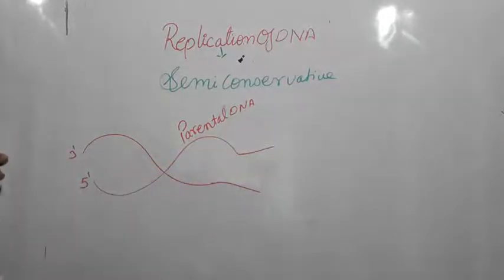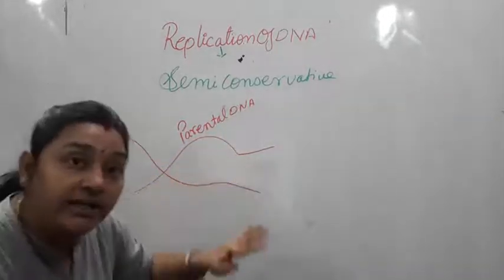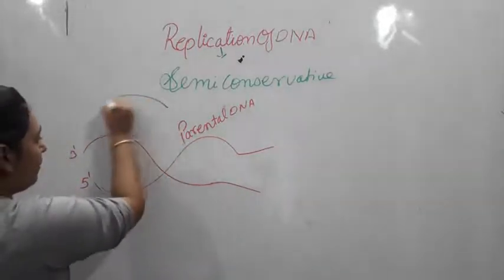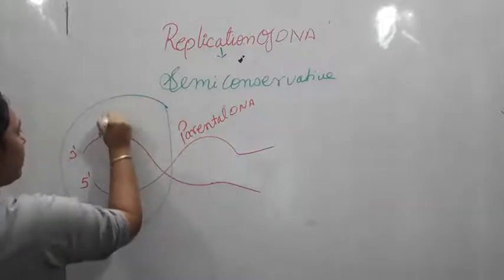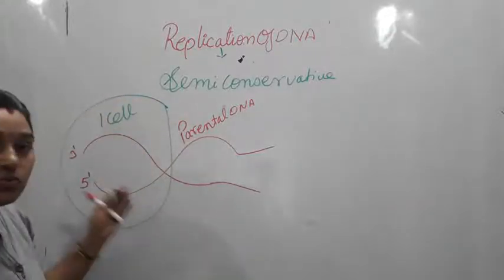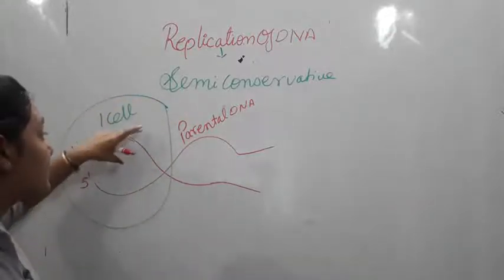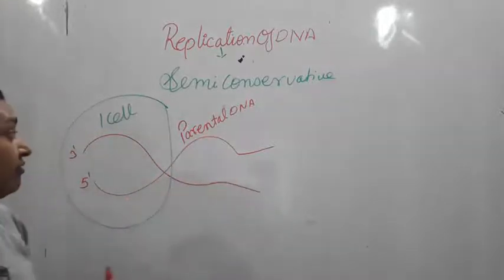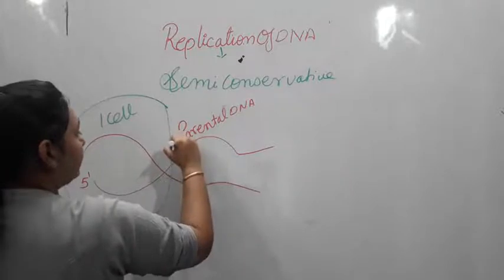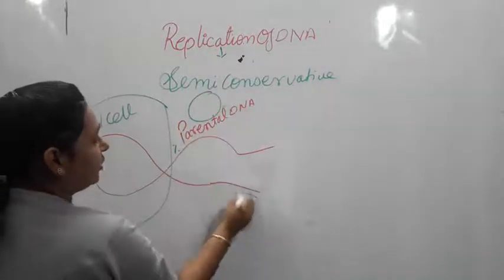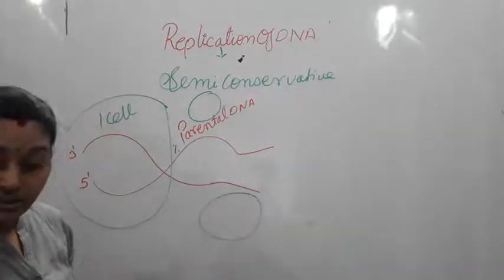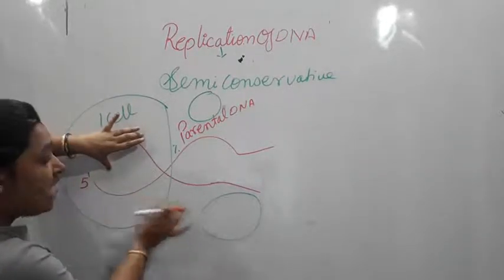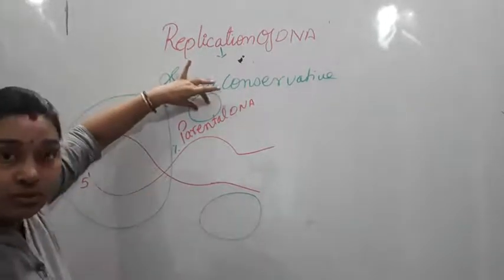Now they are going to make their identical one, because you know that in a particular one cell, suppose this is the one cell, in this one cell DNA is there, but this cell has to divide into two. And now when it gets divided into two cells, then after division the genetic material whatever is here, it has to be here and here both, right?